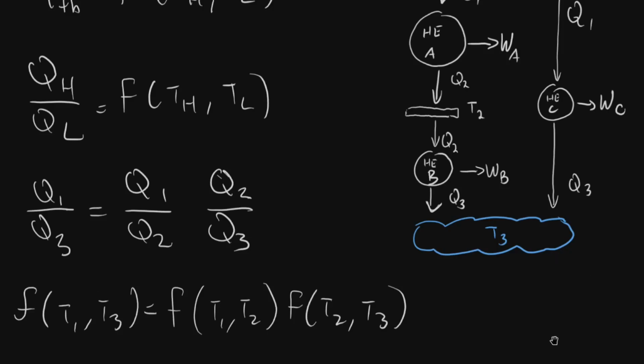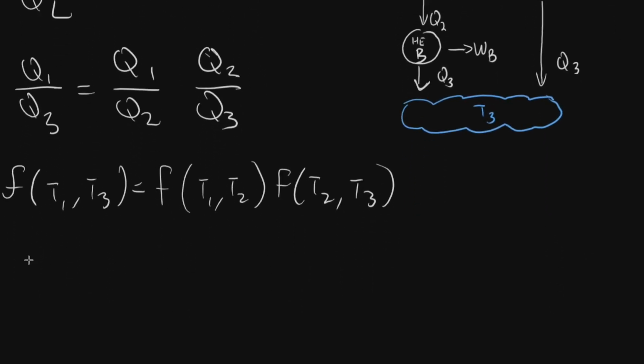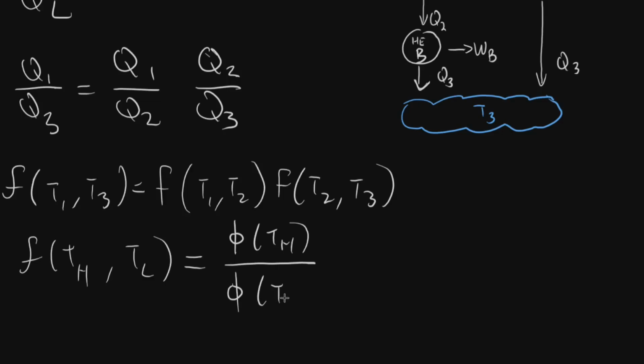And the only way this works is if your function of T high and T low is set up in such a way that it's equal to some other function of T high divided by that function of T low. So in this case, we would have some function of T1 over its function of T2, times some function of T2 over some function of T3. These would cancel. In order for this multiplication to cancel out our T2s, it has to be set up in this way.